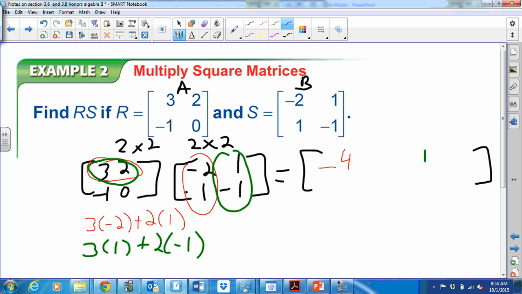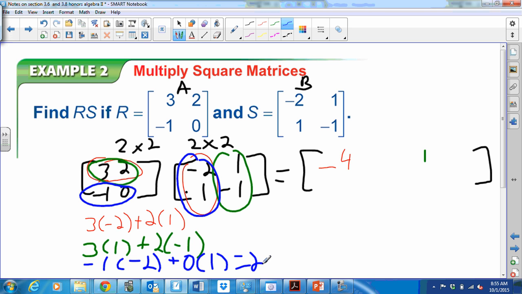For the slot 2, 1, you're going to do the second row by the first column. So you're going to do -1 times -2 plus 0 times 1, and that's just 2, so that would go right there.